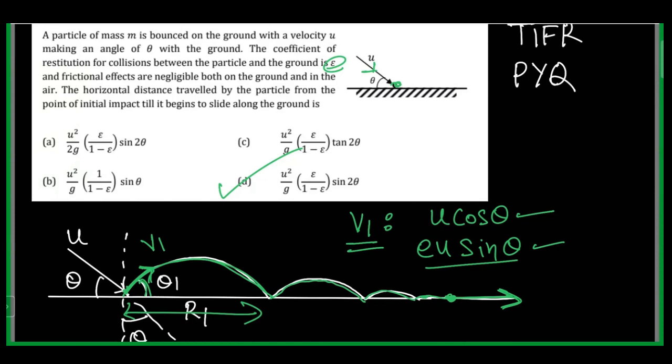You can take an online quiz of TIFR questions topic wise, basic mechanics. The questions which were asked from basic mechanics in TIFR, I have made the quiz for that. So you can take that quiz. In that quiz, there are 2 more collision questions which also use the same concept. So once you know the concept, the questions will become easy.